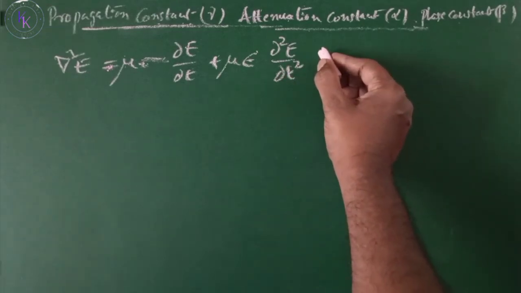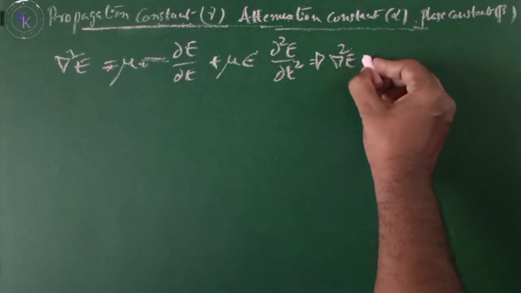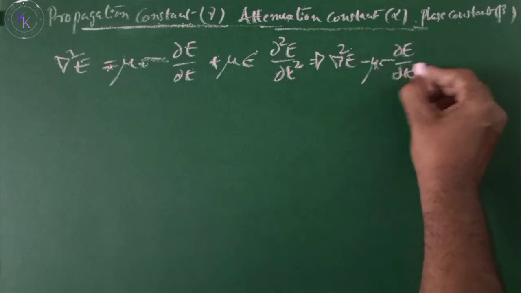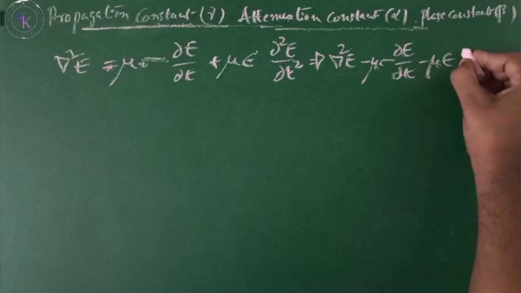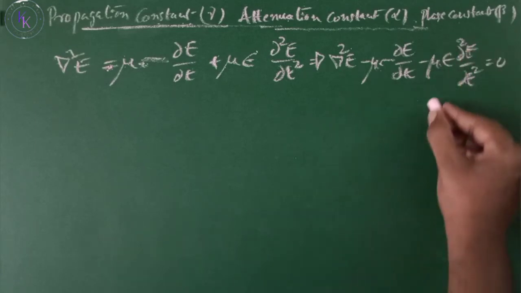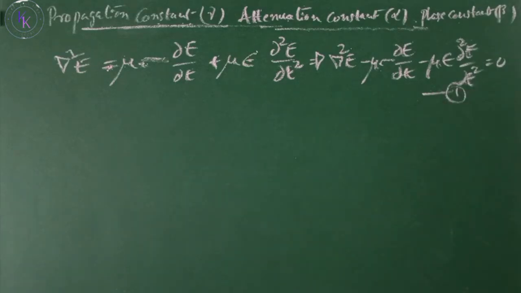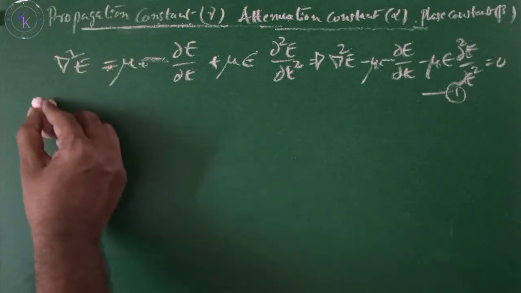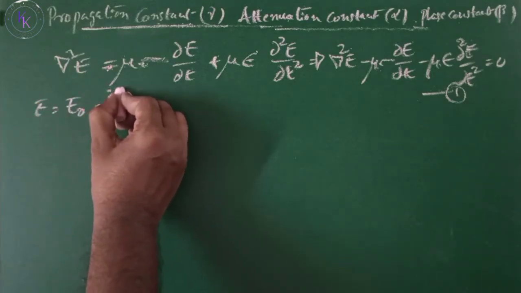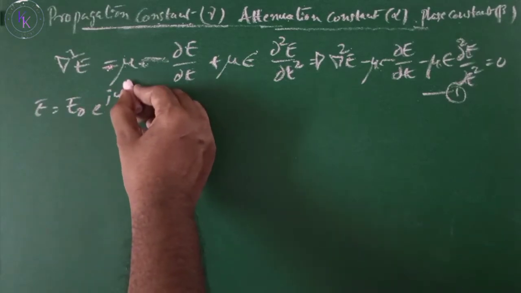This we can write as del square E minus mu sigma dou E by dou t minus mu epsilon dou square E by dou t square equals 0. Let this be equation number 1. Let us assume that the electric field varies cosinusoidally with respect to time, that is E equals E naught e power j omega t, where E naught is the peak value.